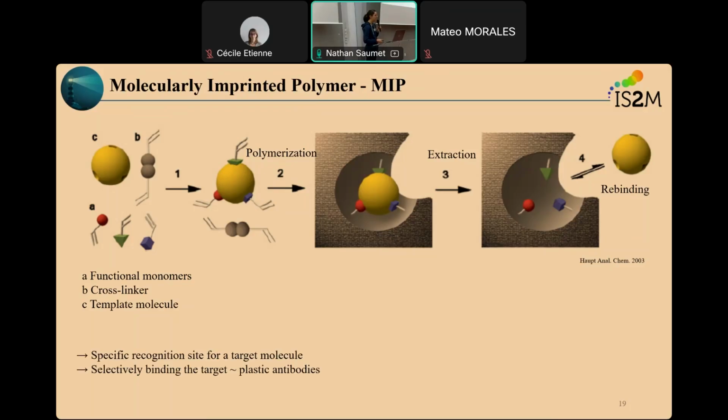So we have a specific recognition site for a target molecule, and it's as selective as antibodies. Sometimes molecularly imprinted polymers are referred to as plastic antibodies because it's the same behavior.